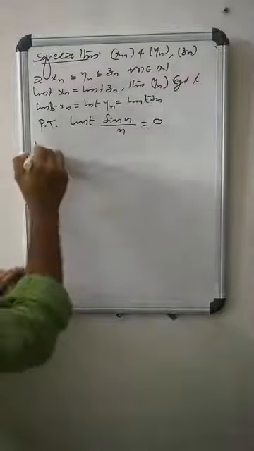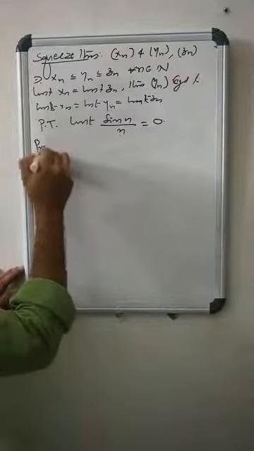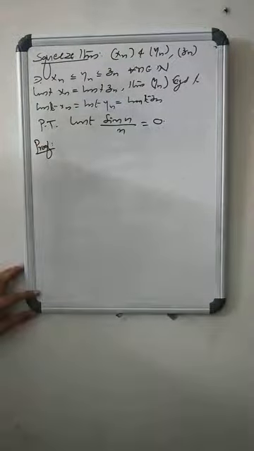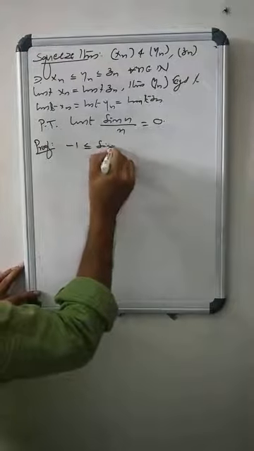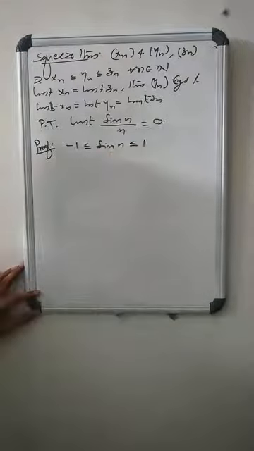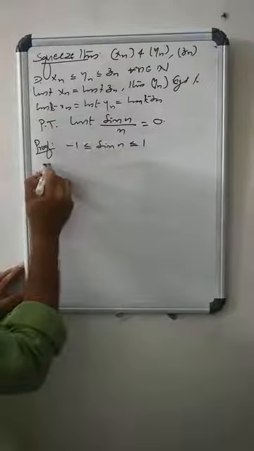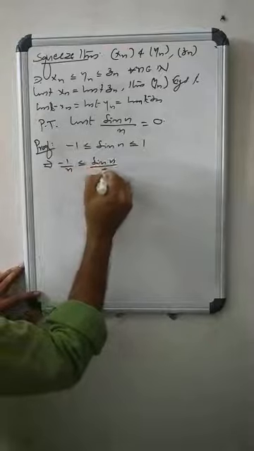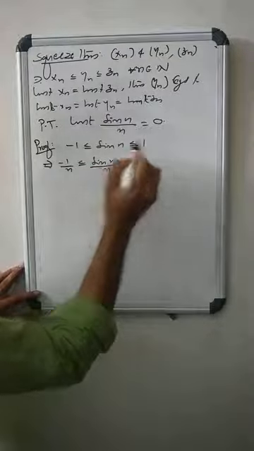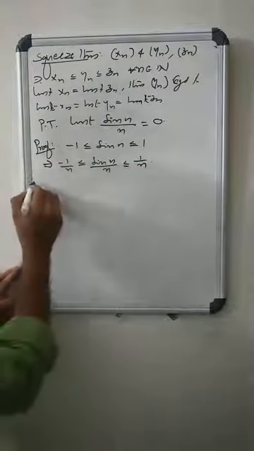We know that the maximum value of the sine function is 1 and the minimum value is minus 1. So we have minus 1 less than or equal to sin n less than or equal to 1. Clearly, that implies minus 1 by n less than or equal to sin n by n less than or equal to 1 by n.